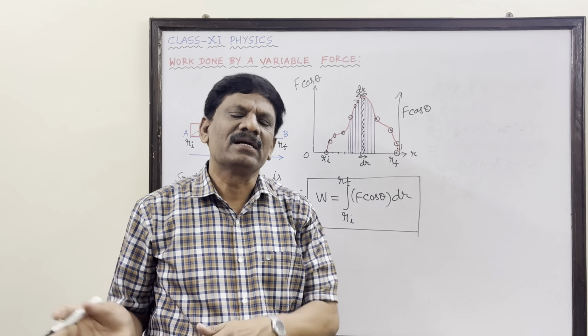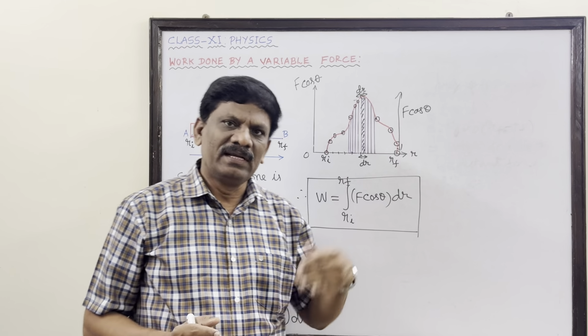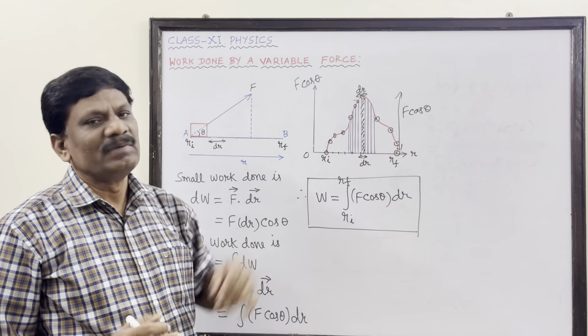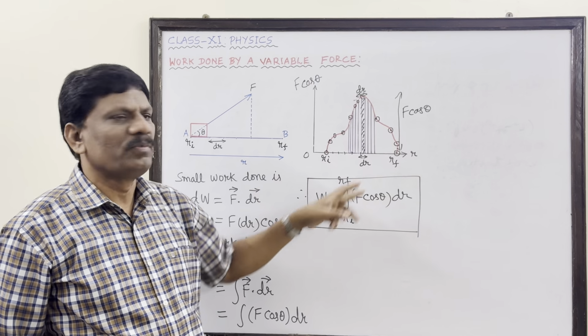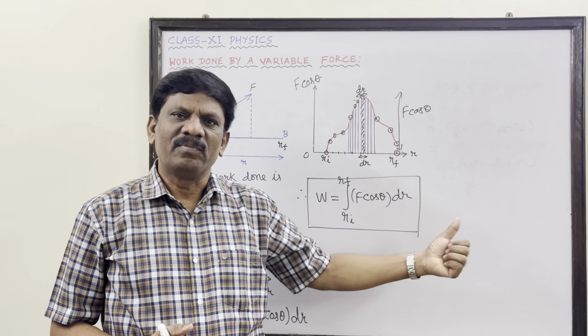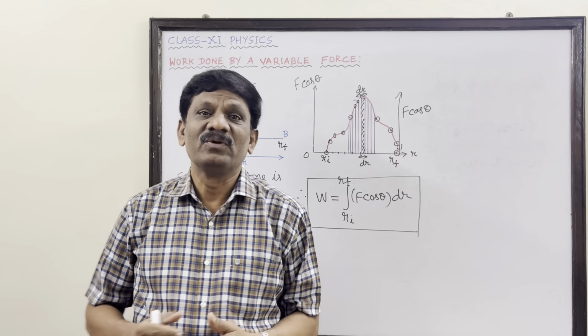So for work done by a constant force as well as work done by a variable force, in both cases, in the graphical method, the area under the closed portion gives you the work done from the initial to the final point. I hope you must have understood this well. Fine.